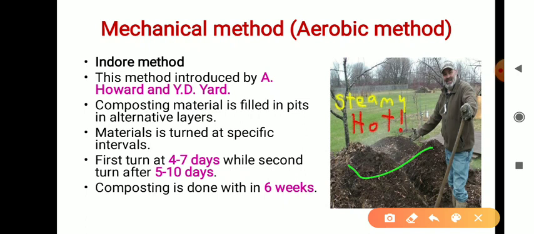The material has to be turned at specific intervals. The first turn is in 4 to 7 days, and the second turn after 5 to 10 days. Composting is done within 6 weeks, whereas the Bangalore method takes 4 to 6 months.